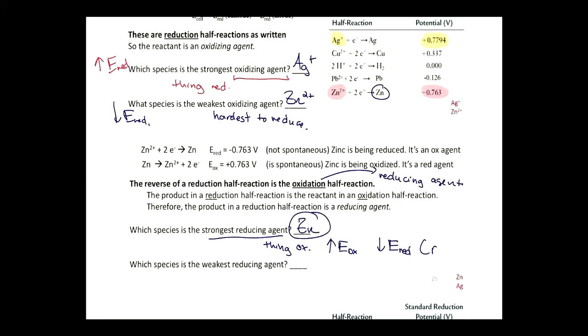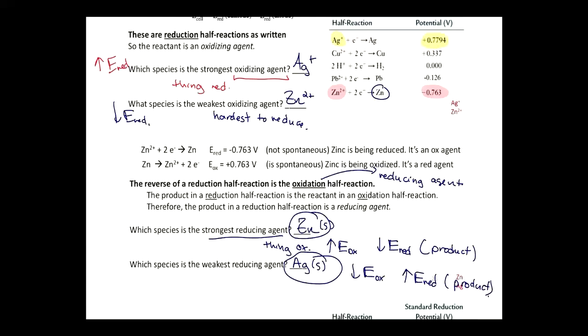But you want to make sure that you point to the product, all right? And so same idea here. The weakest reducing agent is going to be silver solid, because it has the smallest oxidation potential, or it has the largest reduction potential. But of course, we are pointing to the product.